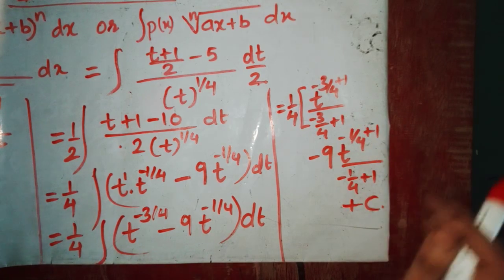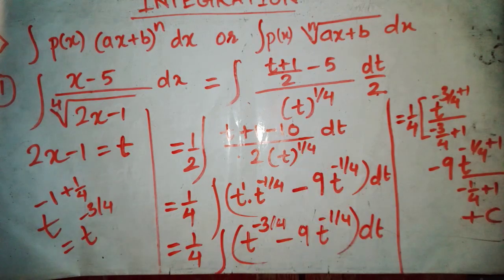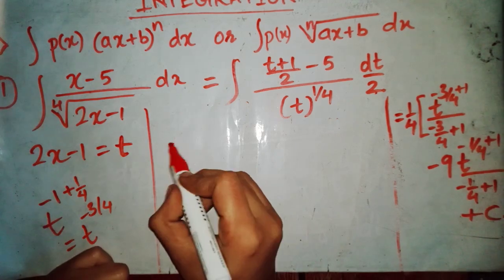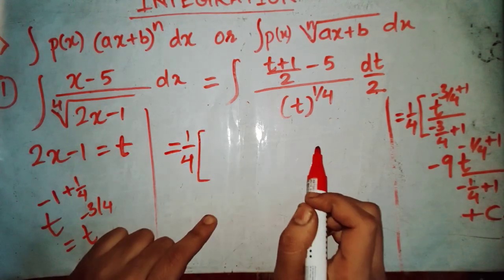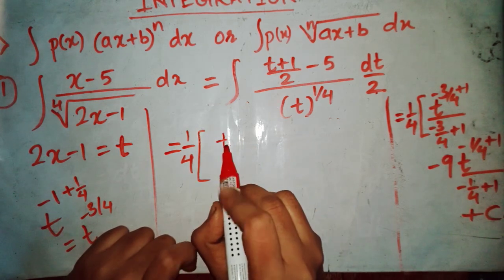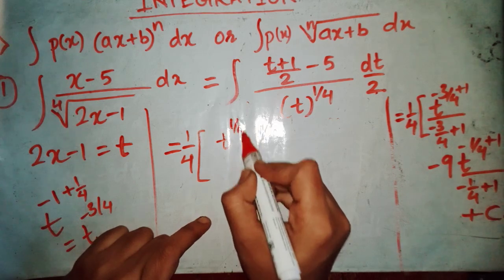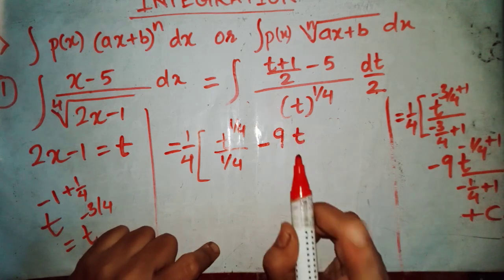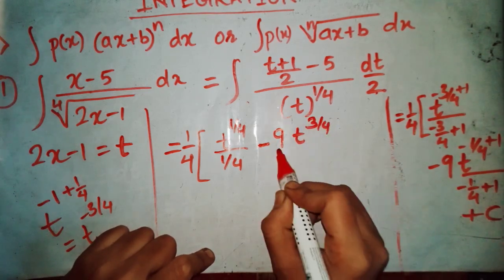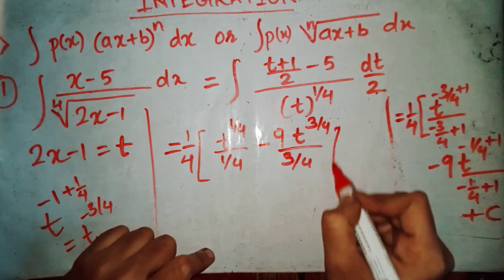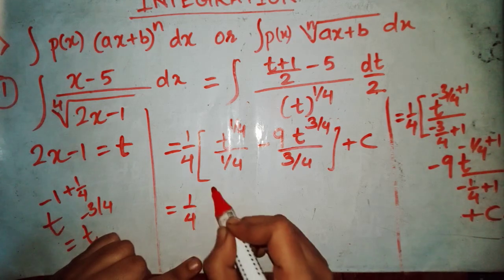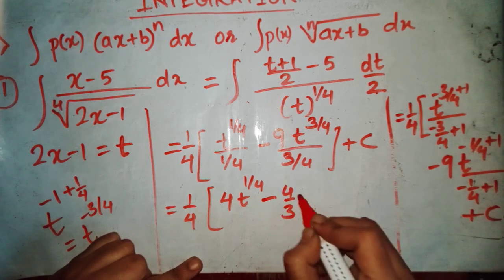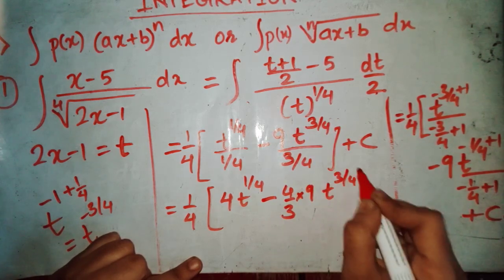So one by 4 is outside, t raised to 1 by 4 upon 1 by 4 minus 9 t raised to 3 by 4 upon 3 by 4, plus c.